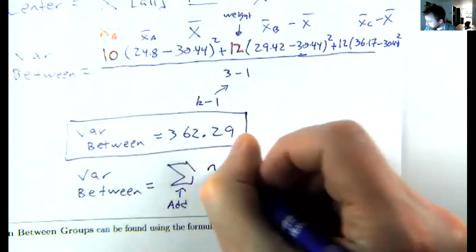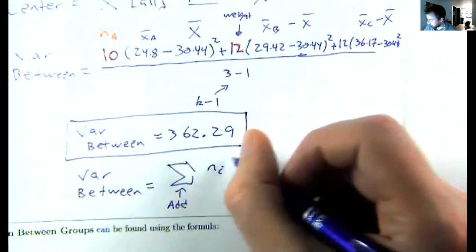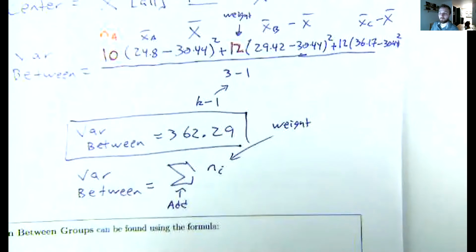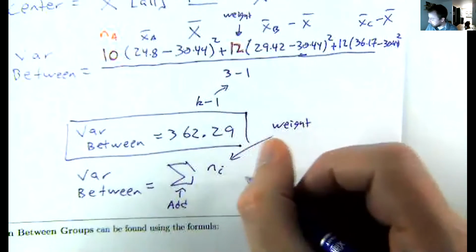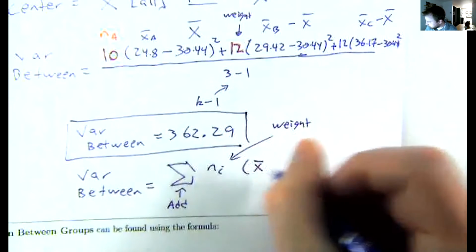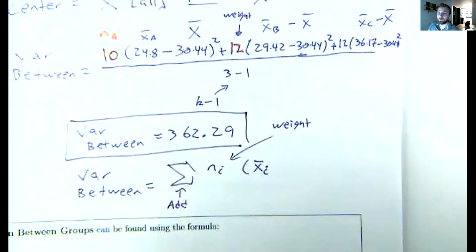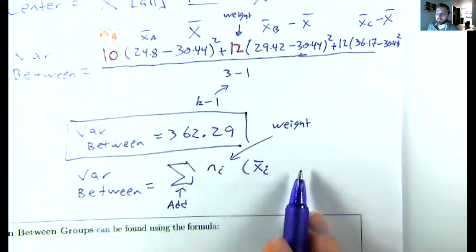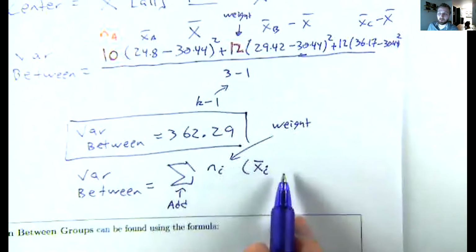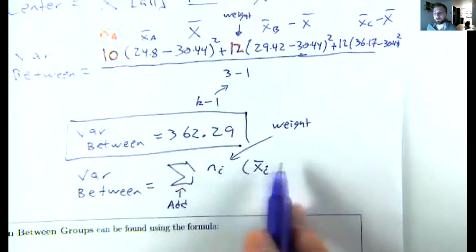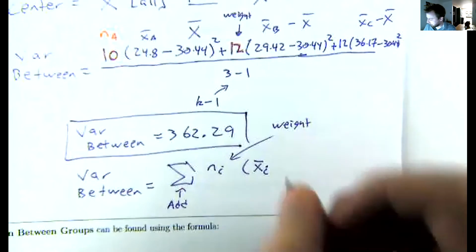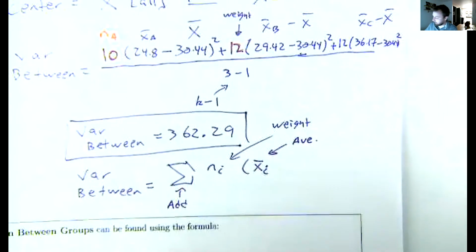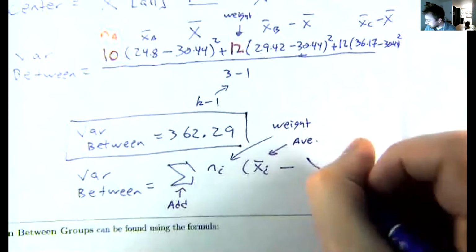I took all of my sample sizes. These sample sizes were the weights. They told me how important each of those spreads were going to be. I took each of the individual averages. I'm using i for individual. So this is the first n paired up with the first average, the second n paired up with the second average, and so on, i for each of the individual groups. So I did my individual averages, and I subtract from that the center line.